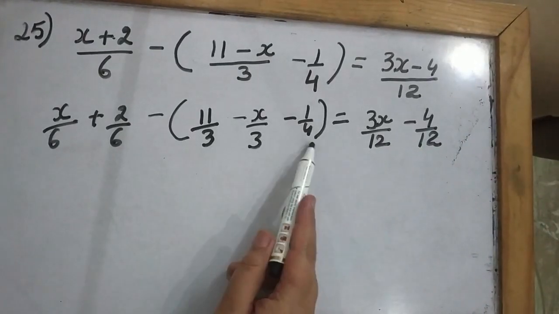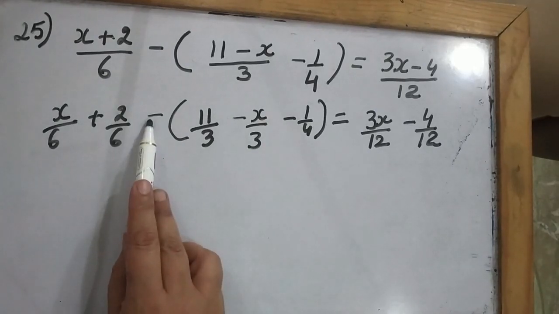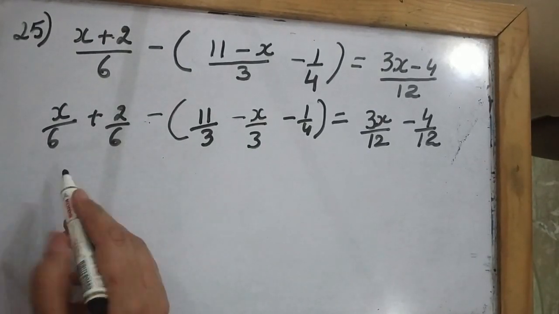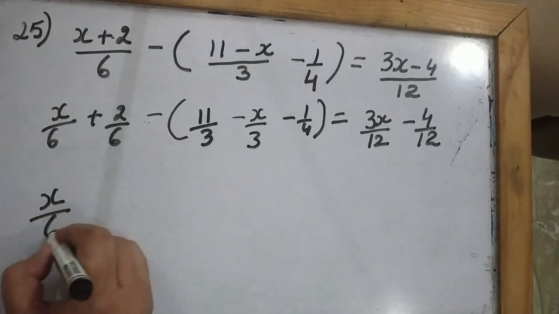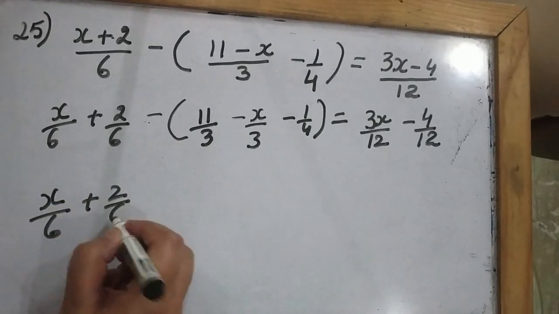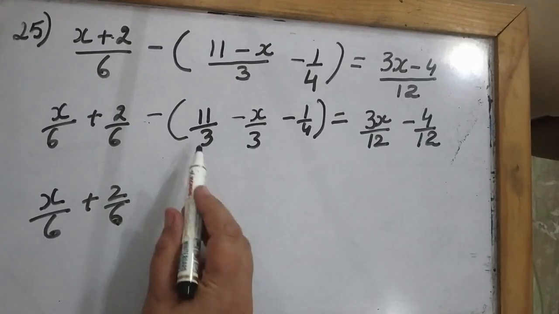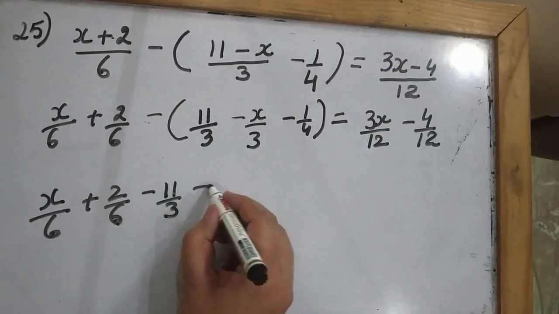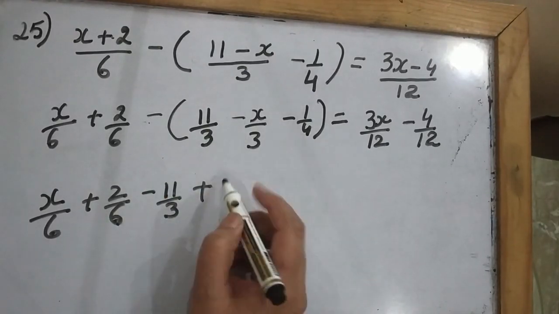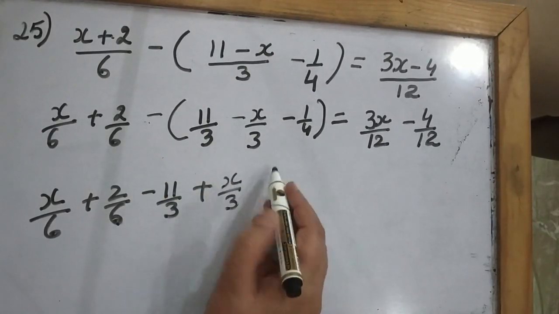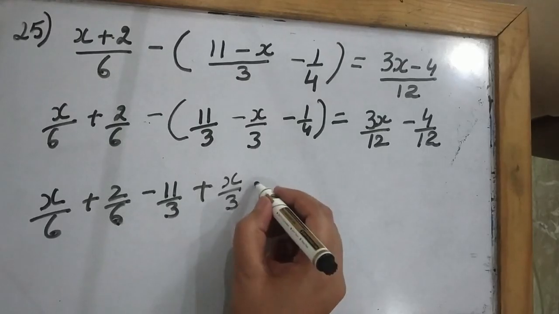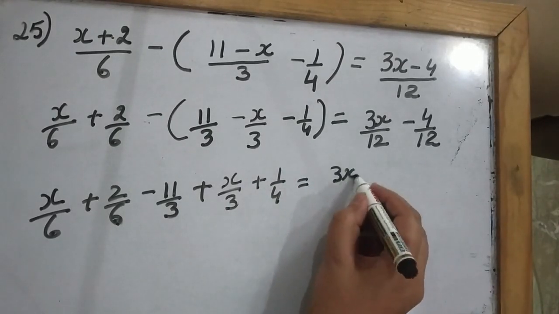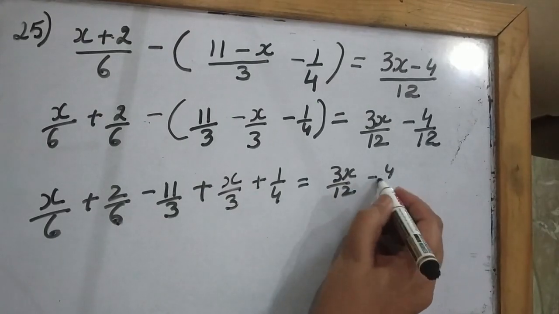Now I have to solve this bracket, and outside the bracket you can see you have a sign of minus. So what will happen when you will open the bracket? Inside the signs will change. So it will be minus 11 upon 3 plus, minus and minus gets plus, x upon 3, and again this sign also will change, plus 1 upon 4 is equal to 3x upon 12 minus 4 upon 12.